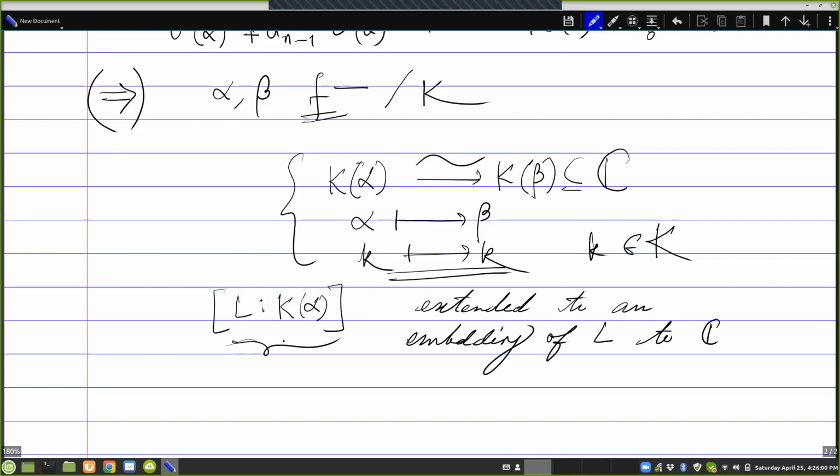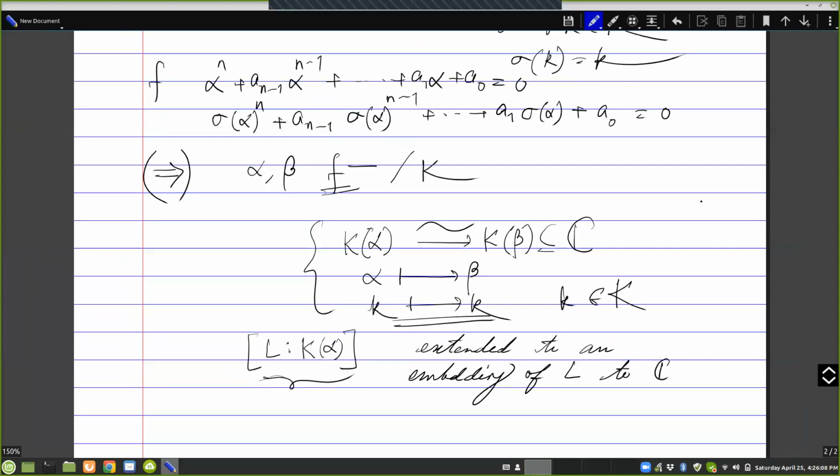So thus this can be extended to an embedding of L into C. Since we have assumed that every embedding of L into C that fixes K will actually be an isomorphism, this embedding, since it extends an embedding that fixes K, also fixes K. So therefore this has to be an isomorphism, hence its image has to lie in L. In particular, beta has to lie in L.